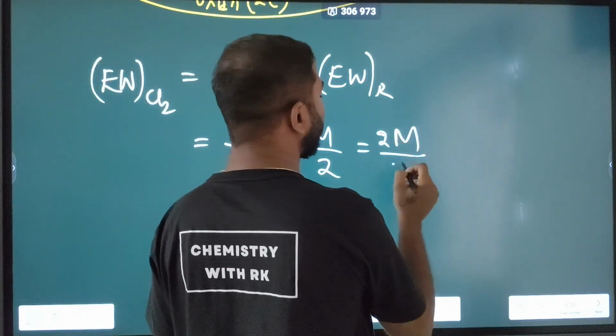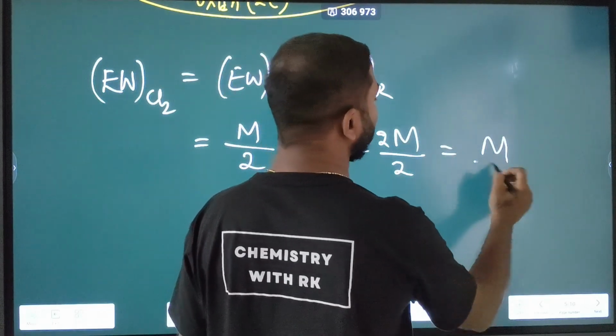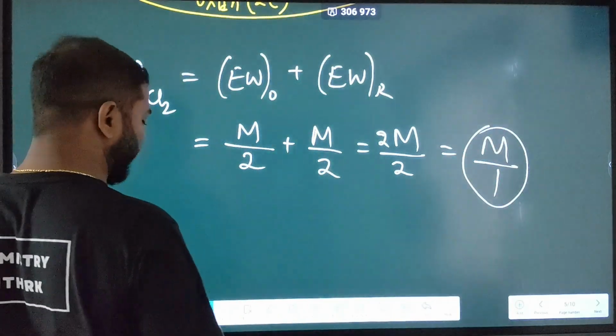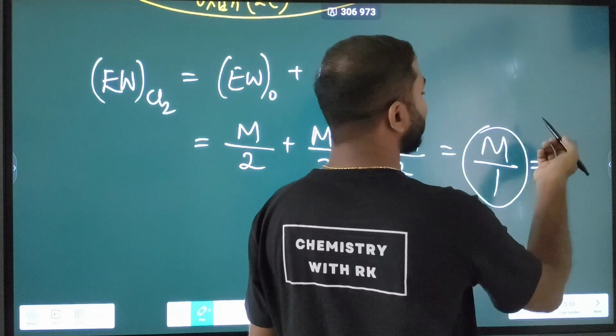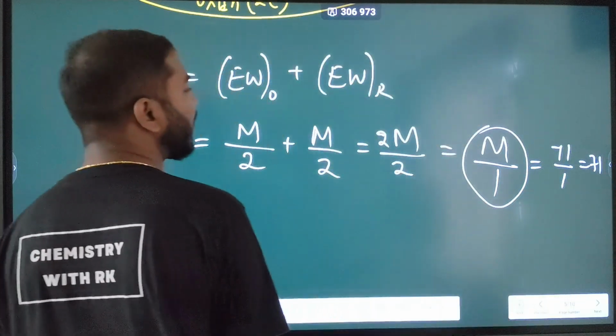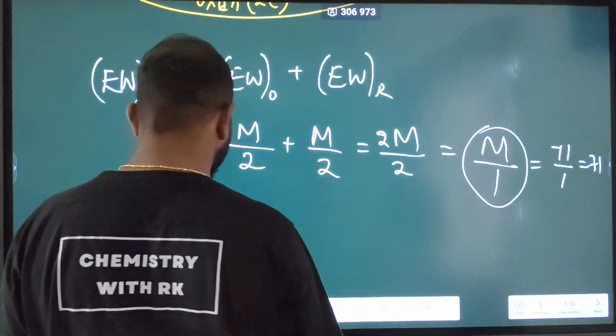So we get 2m by 2, which is m by 1. Overall, this is the equivalent weight of Cl2 in this reaction. We know Cl2 gram molecular weight is 71 by 1, which is nothing but 71. So the equivalent weight of Cl2 in this reaction is 71.